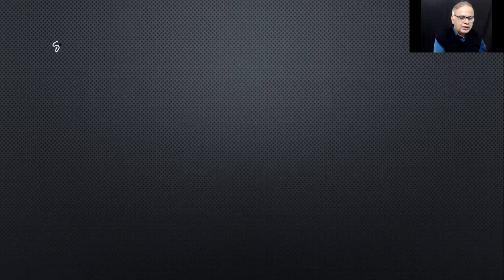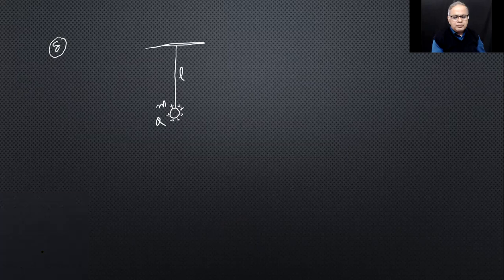Now slightly different questions I'll give you. Look, there is one pendulum of length L, mass M, and given a charge of Q. Now such a pendulum is suspended in a uniform E like this.